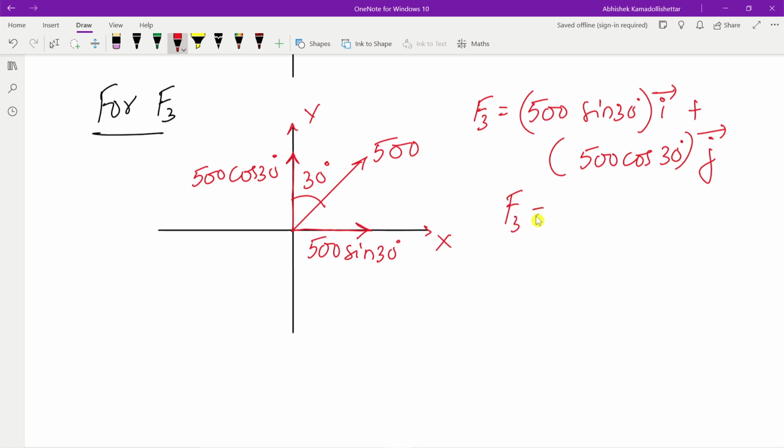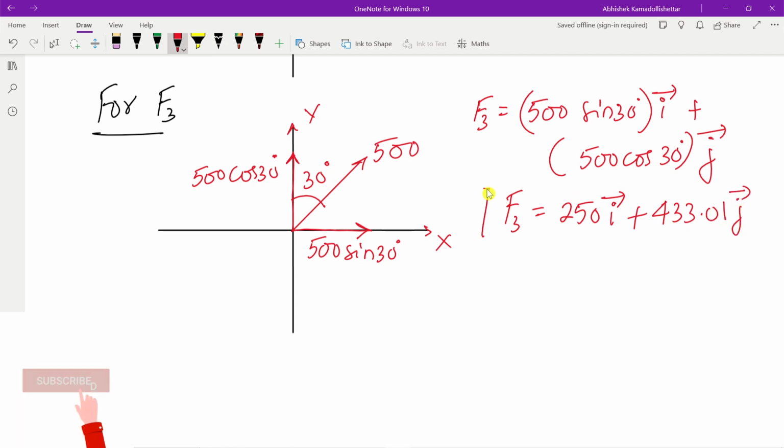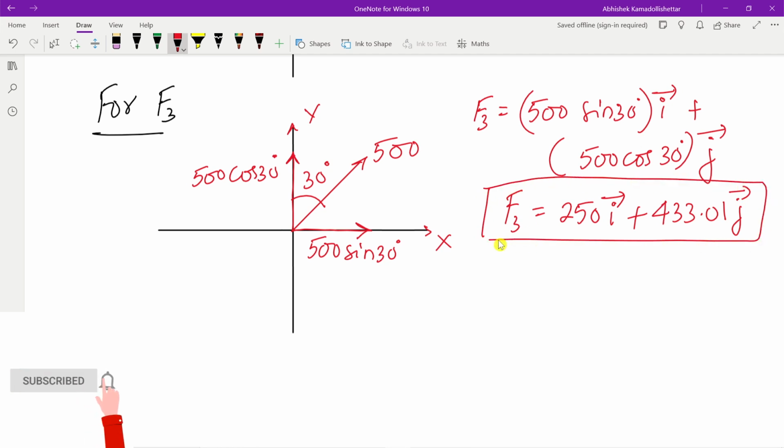Sine 30 is 1 by 2, so 250 into vector i plus 500 into cos 30, which on the calculator is 433.01 into vector j. So this is the force F3.